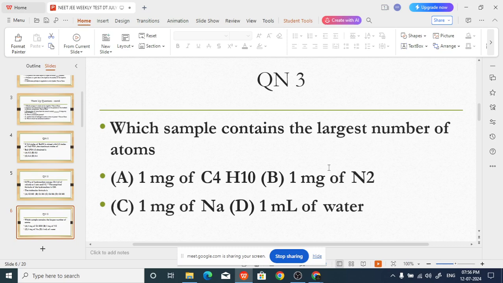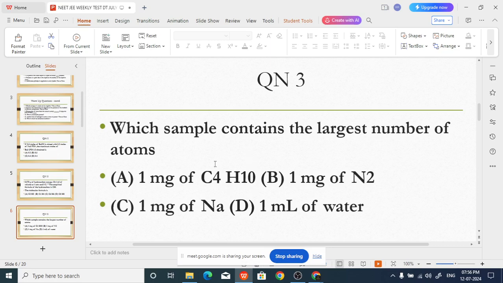Similarly, sodium. What is the sodium atomic weight? Here atom is asked, so we have to take atomic weight. What is sodium atomic weight? 23, I think. So like that you have to calculate, for 23 gram of sodium. So one by one we'll do it.